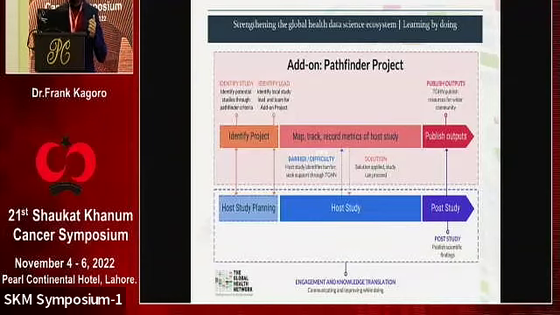Let's say, even in IRB, where we collect a lot of research, or a clinical trial, you want to create an ecosystem so that if there'll be anybody else coming to do similar research, they can adopt your methodology so that they don't start from the beginning. So we have what we call Pathfinder projects, which map the study and track it throughout until publication, and how it engages the community.